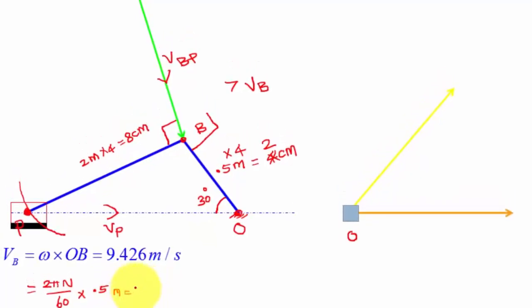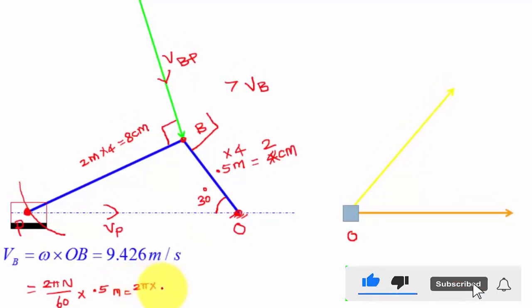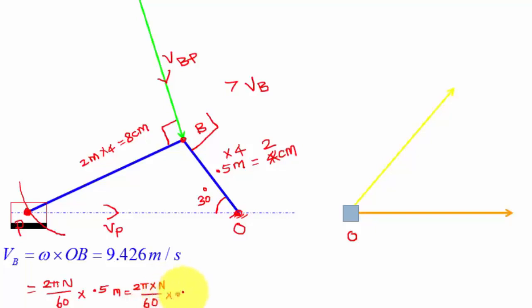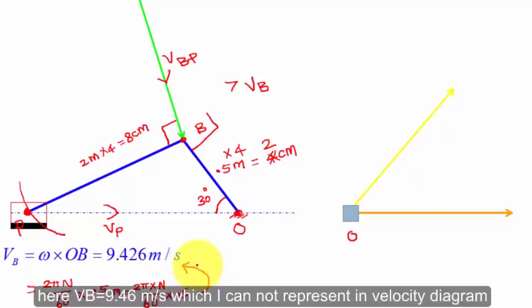Again, 2 into pi into N, apply N value, divided by 60, into 0.5. So finally you will get 9.426 meter per second. Here VB is 9.426 meter per second, which I cannot represent in the velocity diagram.